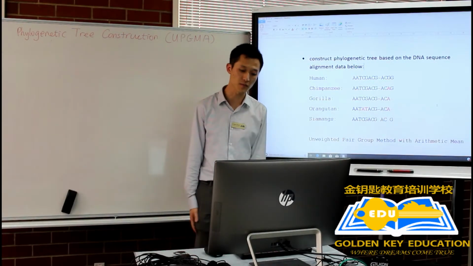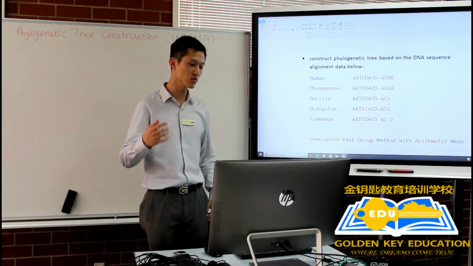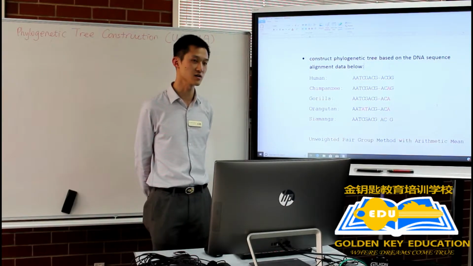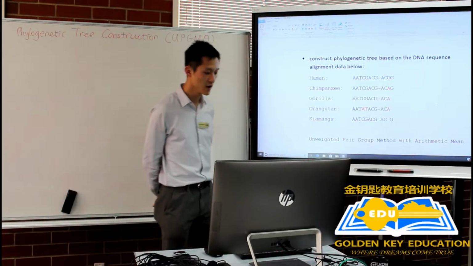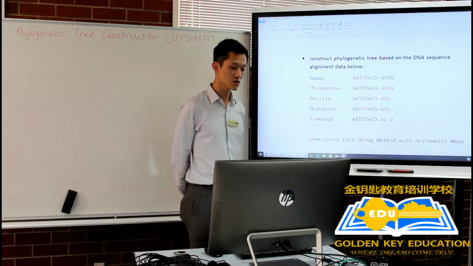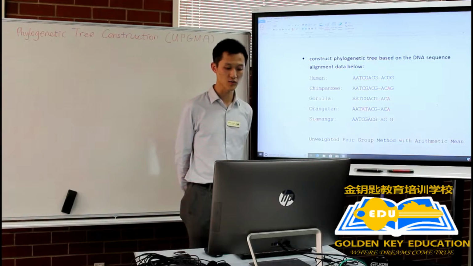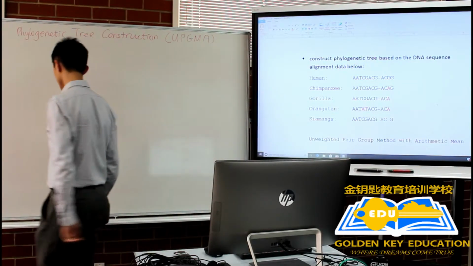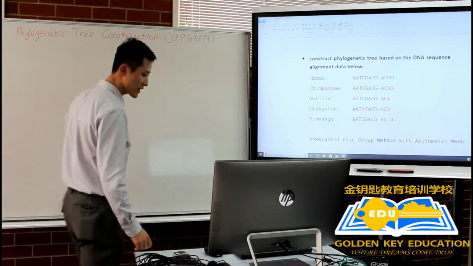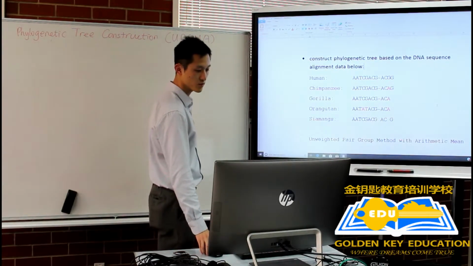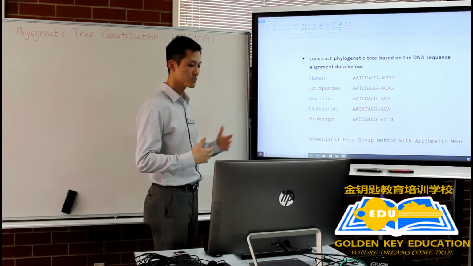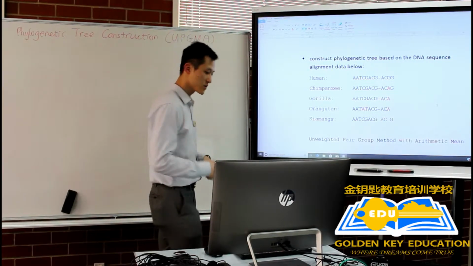So given that information, how do we really construct that sequence into a phylogenetic tree diagram? Now, the method I'm going to introduce is called the unweighted pair group method with arithmetic mean, in short, UPGMA. If we're looking at that, we would really want to know what the differences are between each of the groups.